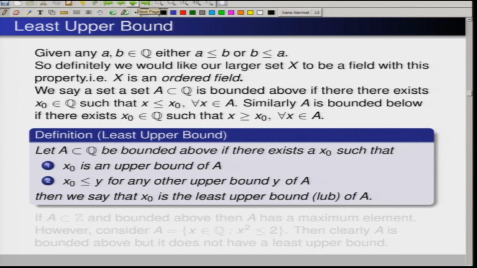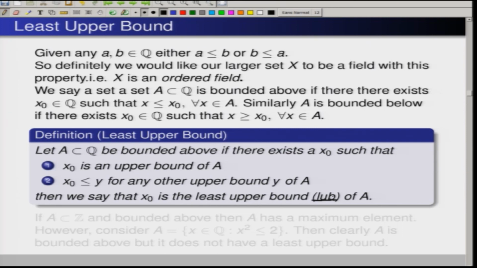Now, if y is any other upper bound of this set A, that is, there is another number y such that x is less than or equal to y for all x in A, then y is also an upper bound. If in that case x naught is less than or equal to y for any other upper bound y of A, then we say that x naught is the least upper bound, or in short we write it LUB of A.